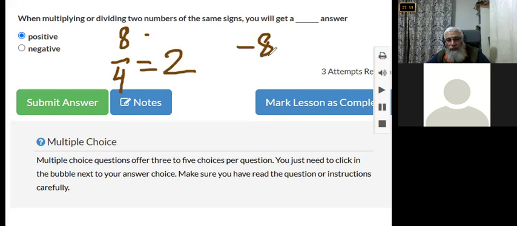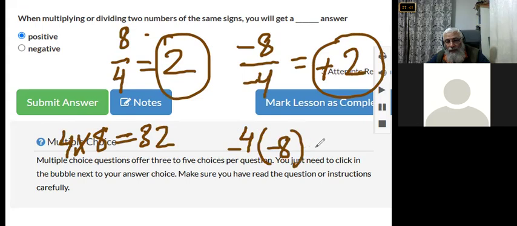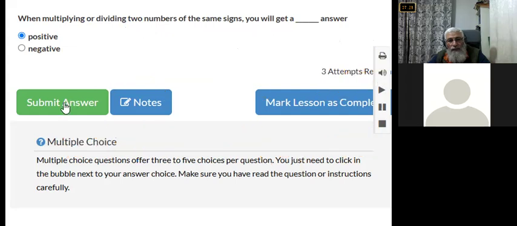And negative 8 divided by negative 4, negative divided by negative is positive 2. If you multiply 4 times 8, the result is positive 32. Negative 4 times negative 8 is positive 32. So if you're multiplying or dividing same sign numbers, the result will be positive. Correct?